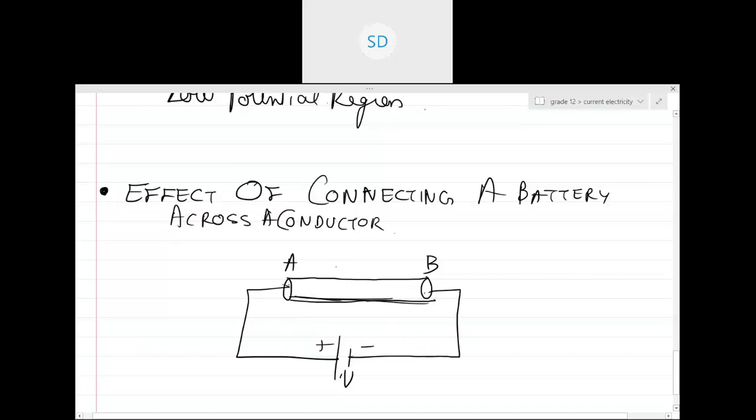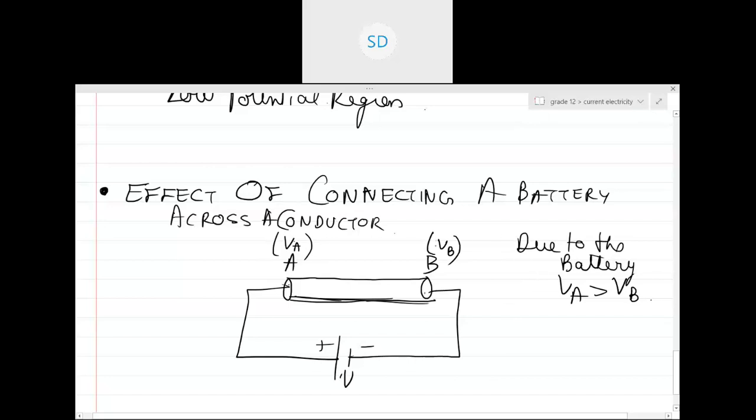Yes, sir. Now what happened because of this? The potential of A became greater. Due to the battery, the potential of A became greater than B. Yes or no, guys?